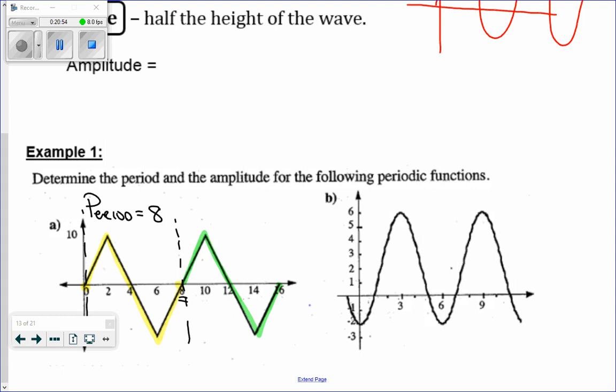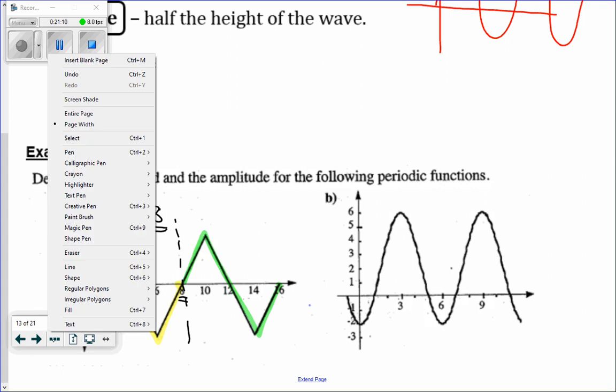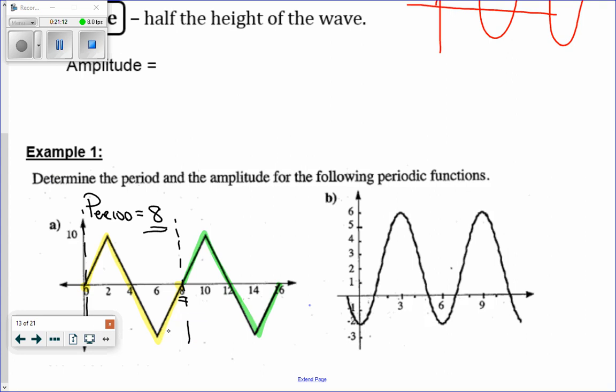Now another way you could look at it is to say, okay, this graph goes from 0 to 16. And from 0 to 16, I have 2 full cycles. Well, what's 16 divided by 2? 8. Okay? So usually when I'm looking for my pattern, I start on the y-axis because then I'm always starting at 0.